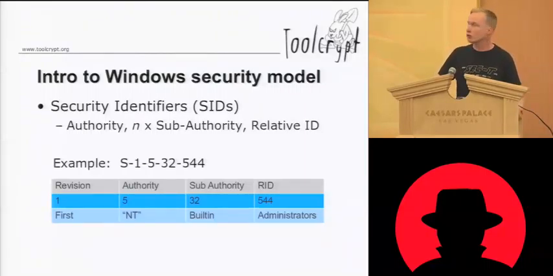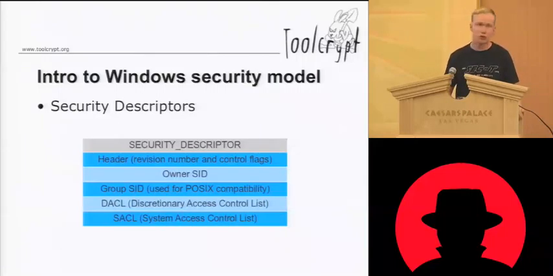Before we go to security descriptors, who hasn't heard of a SID? Everybody knows what a SID is, right? So I'll skip through this slide because it's just there if nobody knew what it was. A security descriptor is basically a label you put on a system resource, an operating system resource, that controls the security access to that resource.